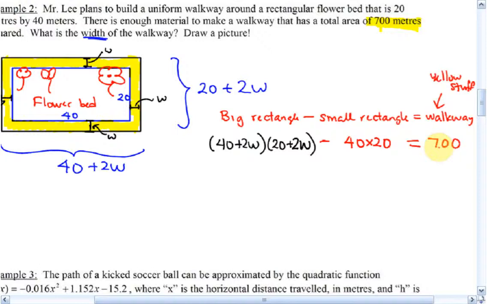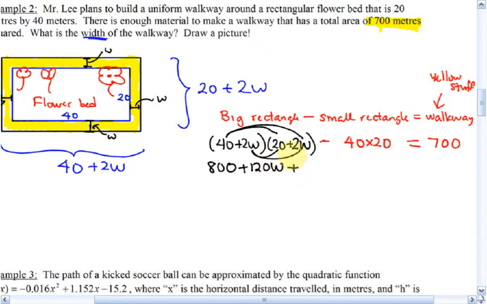Okay, here's what I want you to do next. It's time to expand first, and then afterwards we'll simplify, then we'll complete the square, then we'll solve. I hope you have some room. 40 times 20 is 800. 40 times 2W is 80W. 2W times 20 is 40W. 80W plus 40W is 120W.